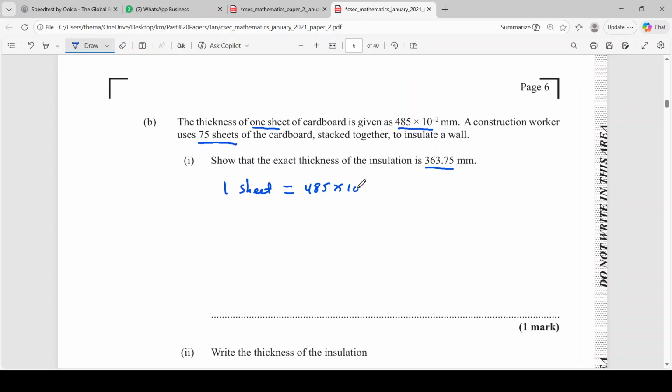485 by 10 to the negative 2 millimeters, and we're going to stack 75 sheets together, we want to find how much 75 sheets is. So 75 sheets will be this number multiplied by 75. So it's 75 sheets multiplied by the thickness of 1.